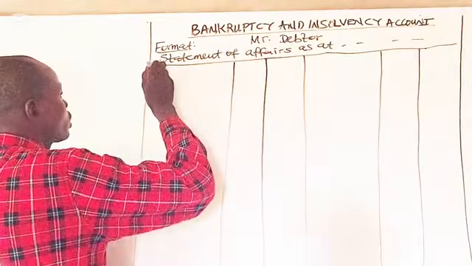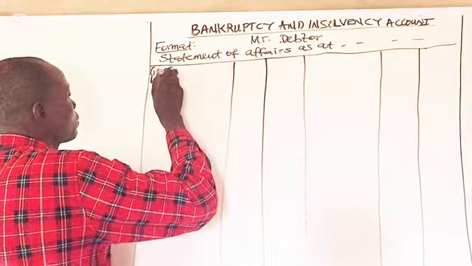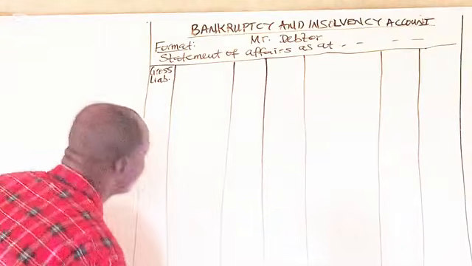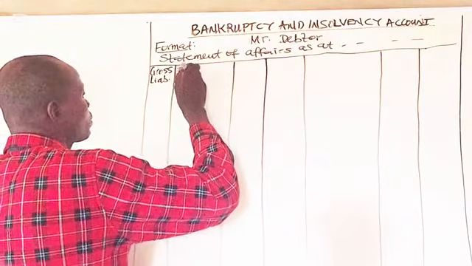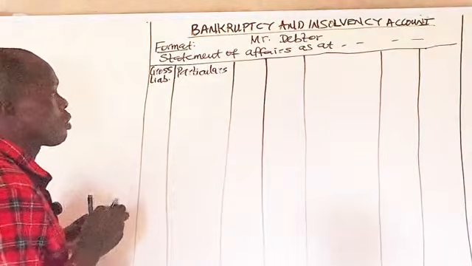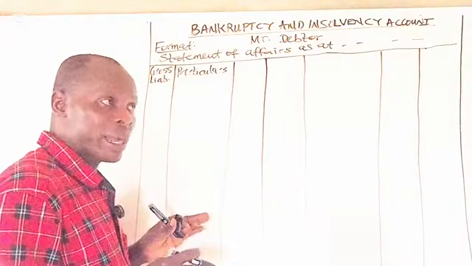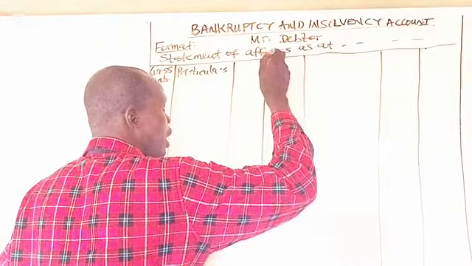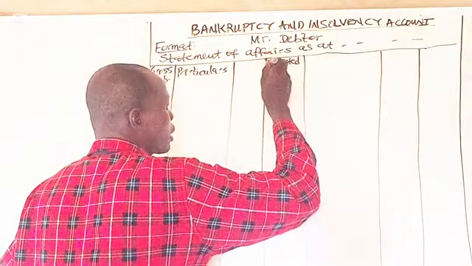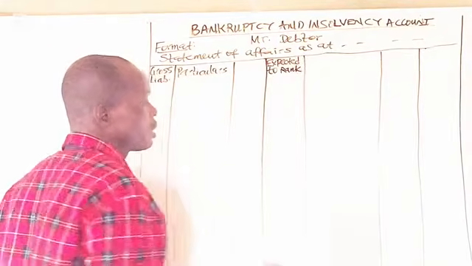This is gross liabilities. This is particulars. This is liability expected to rank.